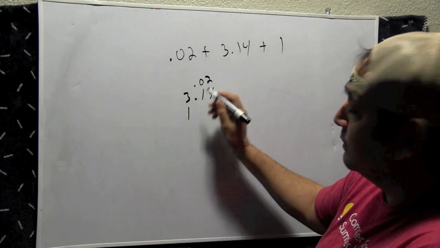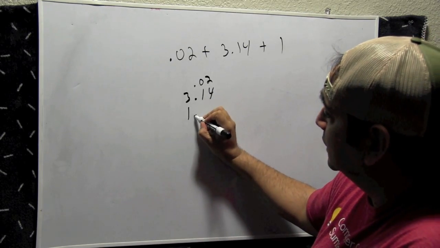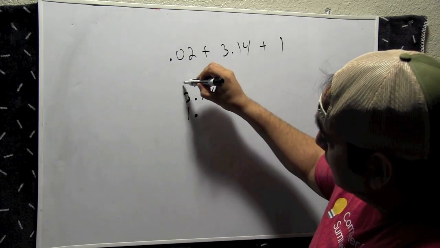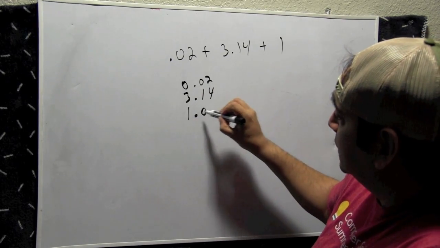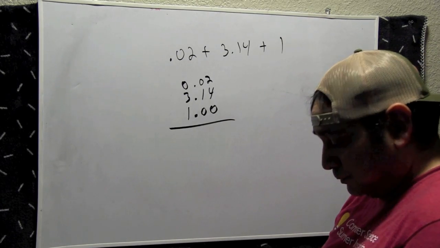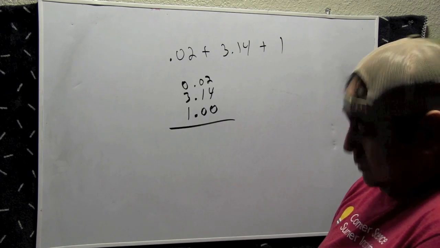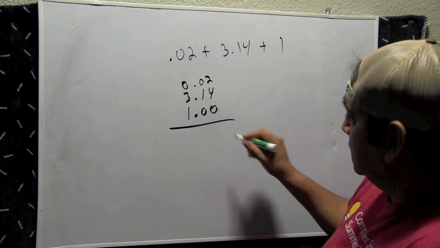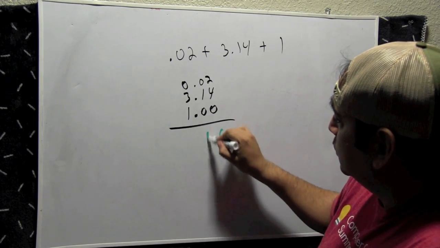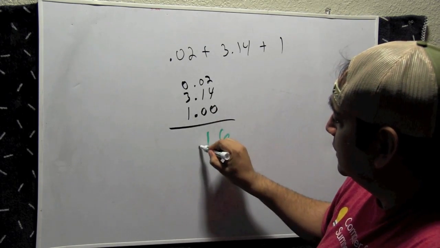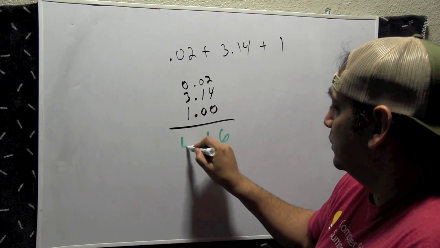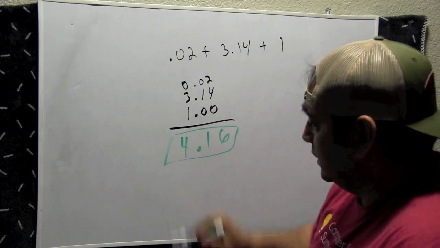Behind the 1, there's an invisible decimal point. So you put the decimal point right here. And since we have spaces, put zeros in the spaces. So now, 2 plus 4 is 6. 0 plus 1 plus 0 is 1. Drop down the decimal point. And then 0 plus 3 plus 1 is 4. 4.16 is our answer.